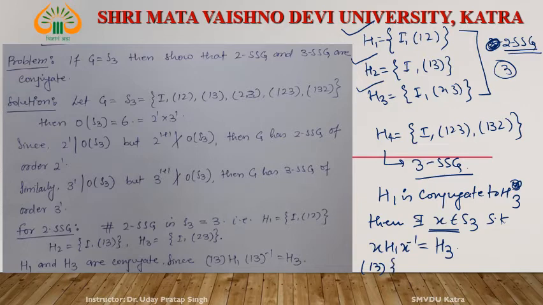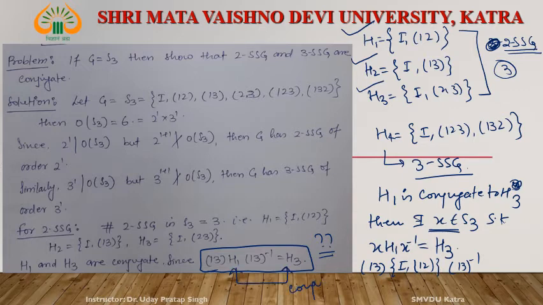What is H1? Identity and (1 2). So (1 3) H1 (1 3) inverse, this is H3, right? You have to verify it. Okay, we have discussed this type of problem many times already. Then this H1 and H3 are conjugate.